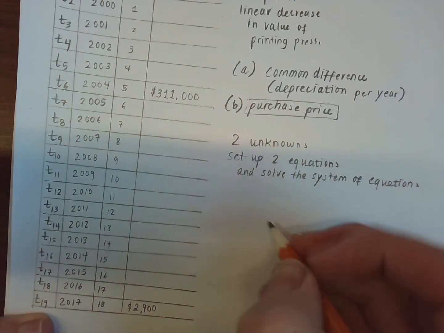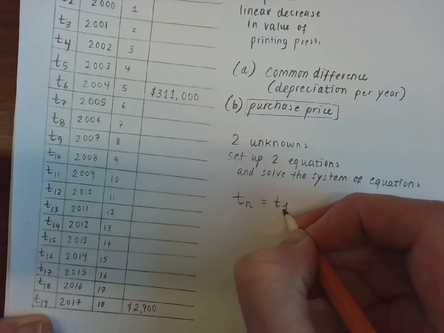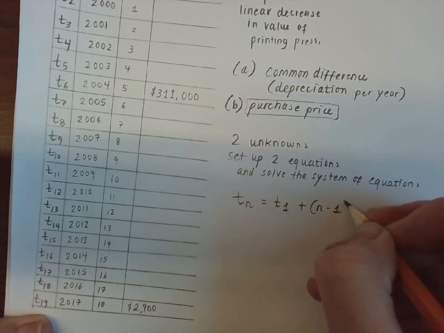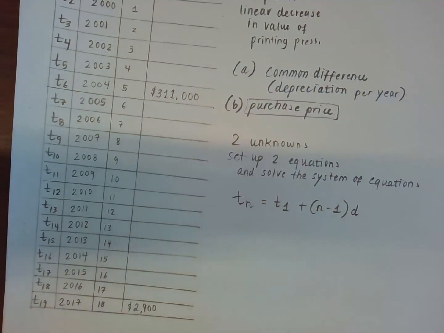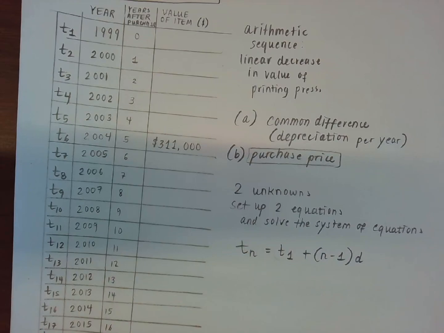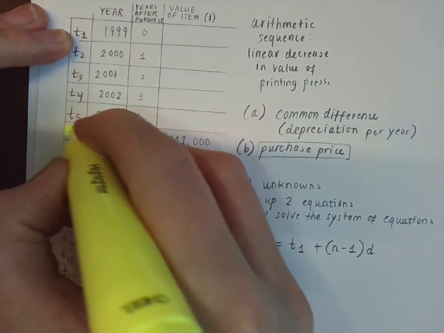So the general formula is Tn equals T1, the starting point, plus n minus 1 times d, the common difference.